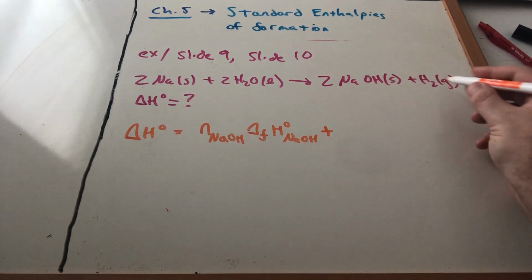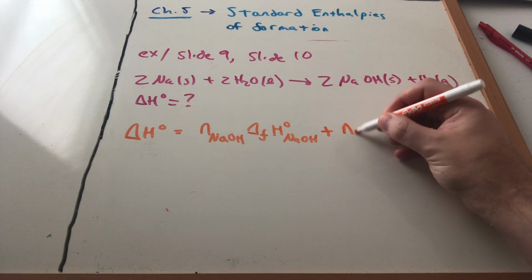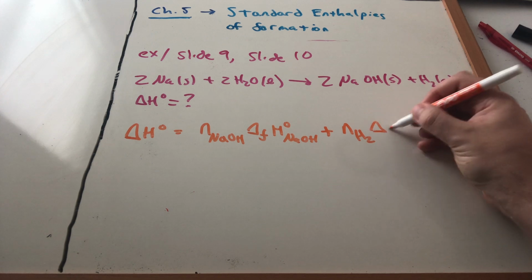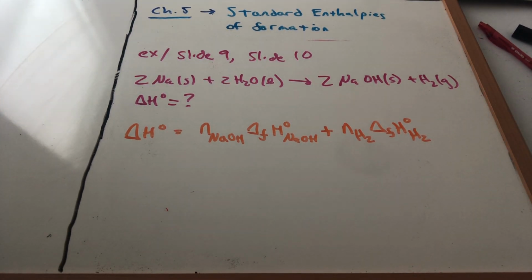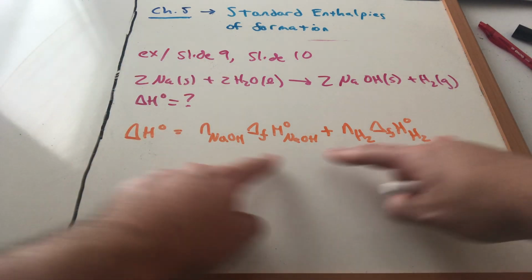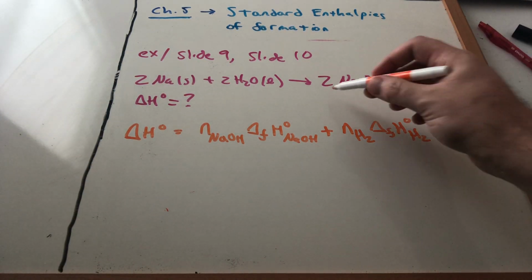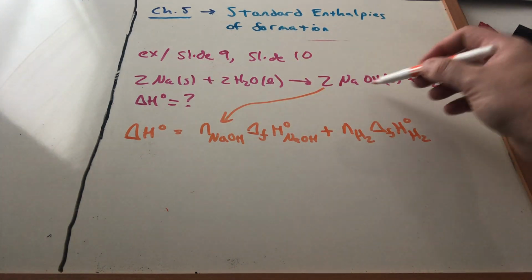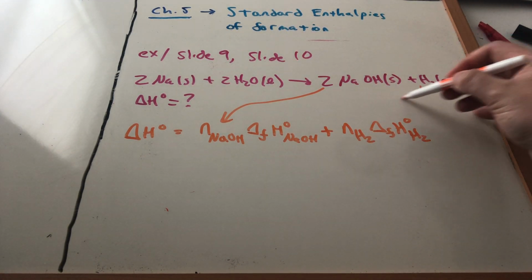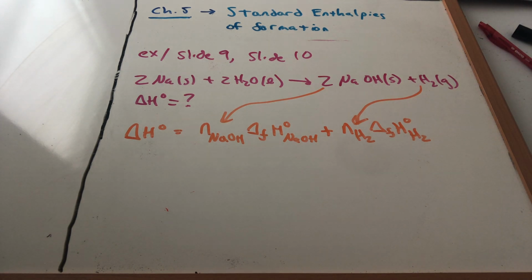So I make a sum doing this for each product. So the number of moles of H2, delta formation H naught of H2. So that first thing that I had in parentheses, that first sum, hopefully you can see how it translates here, okay? So we're going to take the 2 and we're going to put it there. We looked up that delta formation H naught. We're going to take the 1 that's in front of the H2 and we're going to put it there.